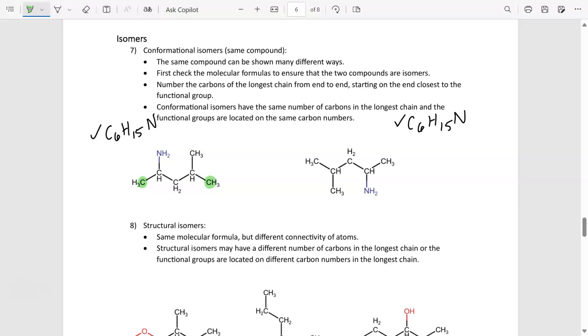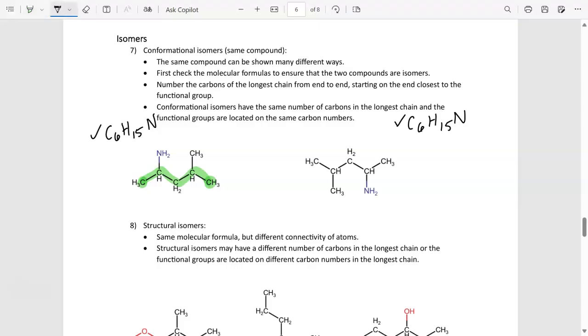I always want to start on the side that has the functional group closest to it. Because this has the nitrogen here, I want to start on the left-hand side, and I'm going to go across and not pick up my pen. Without picking up my pen, I can count 1, 2, 3, 4, 5 carbons. I can't catch that carbon at the top because I would have to backtrack or lift up my pen, so that doesn't count as part of our longest chain.